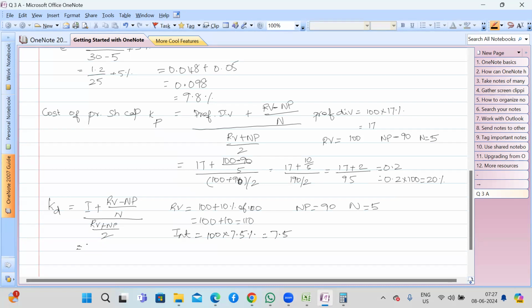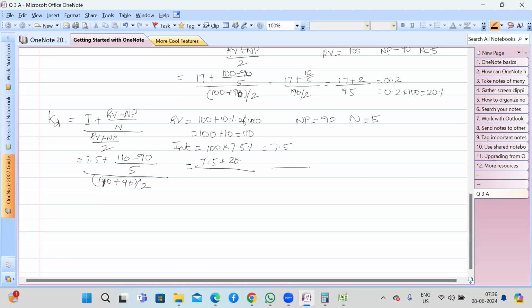So now we need to calculate 7.5 plus RV, which is 110, minus NP, sorry, net proceeds it's 90, so minus 90 divided by 5, whole divided by (110 plus 90) divided by 2 here. So 7.5 plus 20 divided by 5, 200 divided by 2.